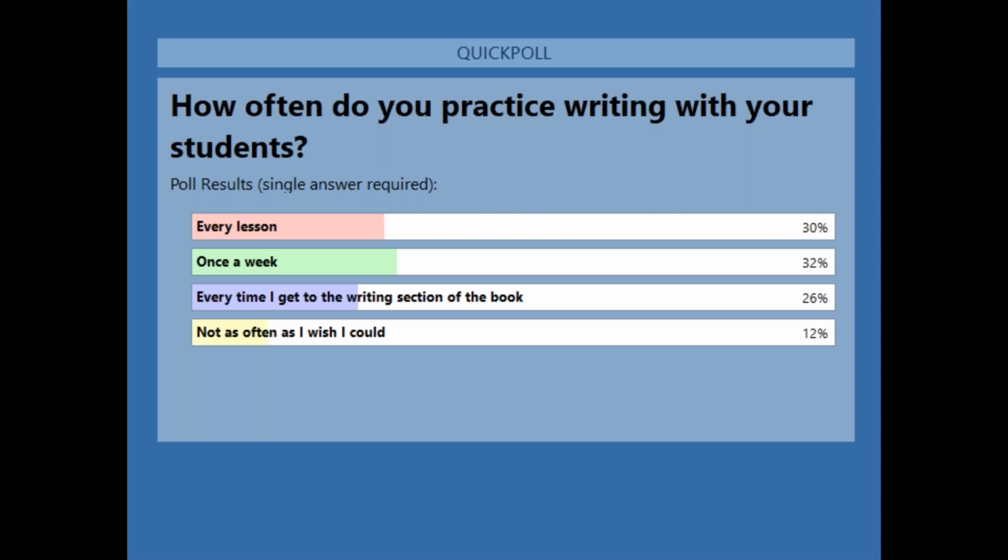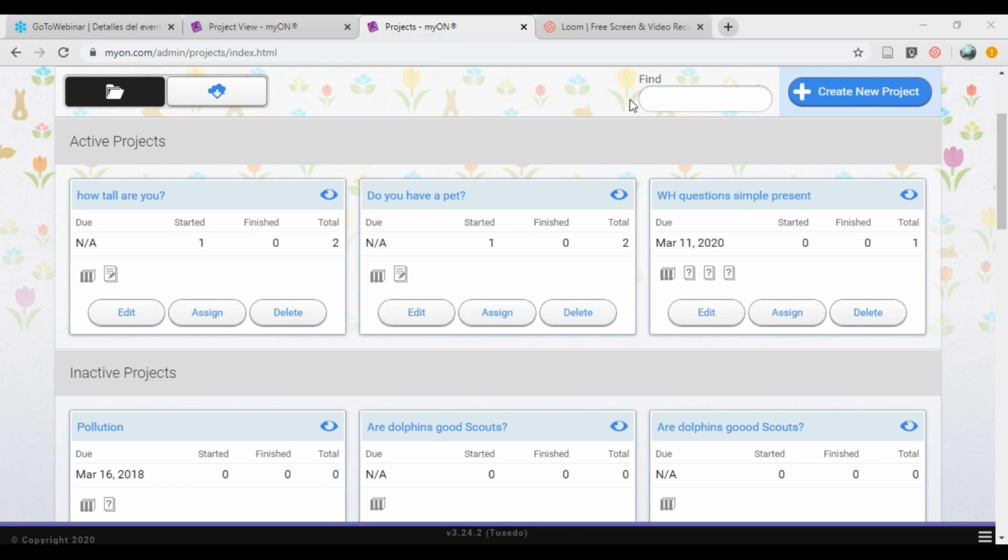In this case, I prepared a project. This project is to promote writing, and with this idea, you're going to find an excuse to write, because let's be honest, our students are not going to write unless we give them an excuse to write or a motivation, or if we encourage them to write, they will do so.